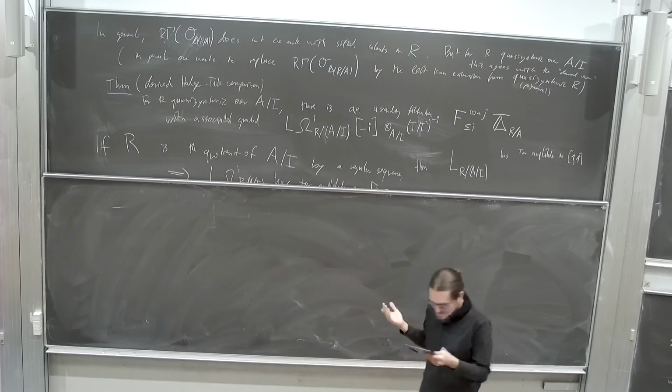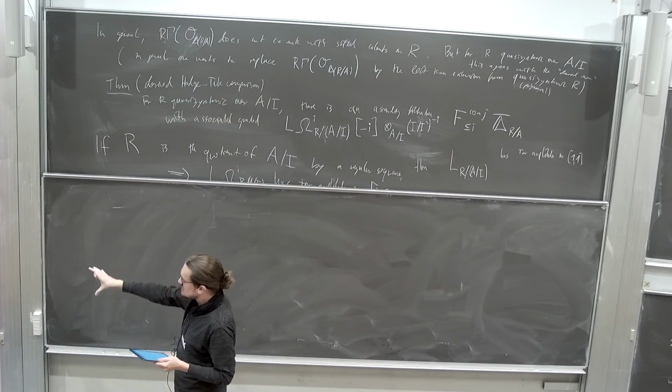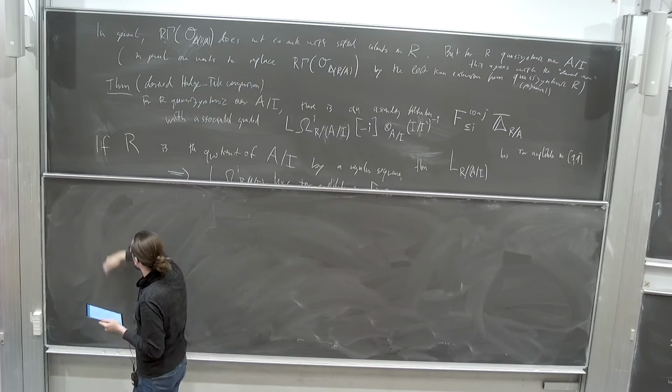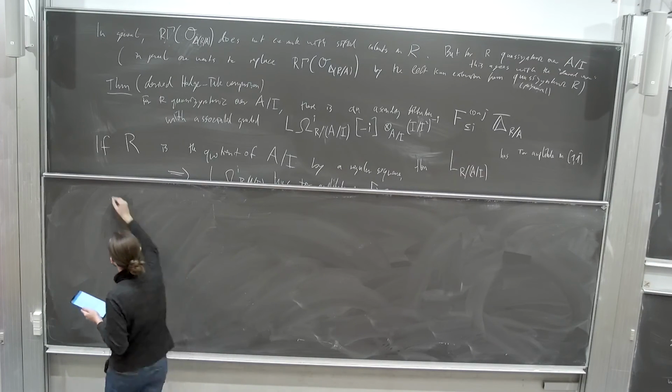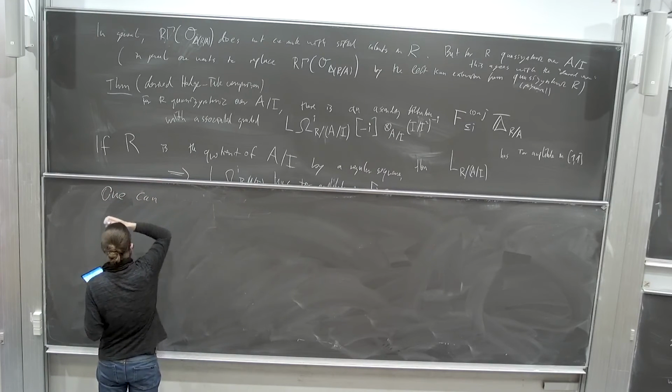So there is such a Nygaard filtration on derived prismatic homology in general, and it's obtained from this one. By not left Kan extending, right?